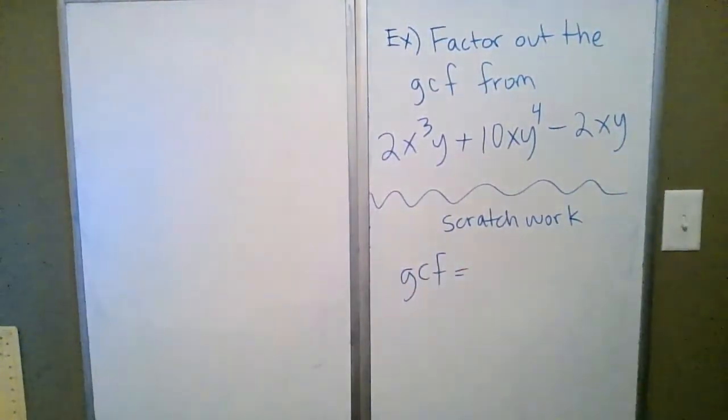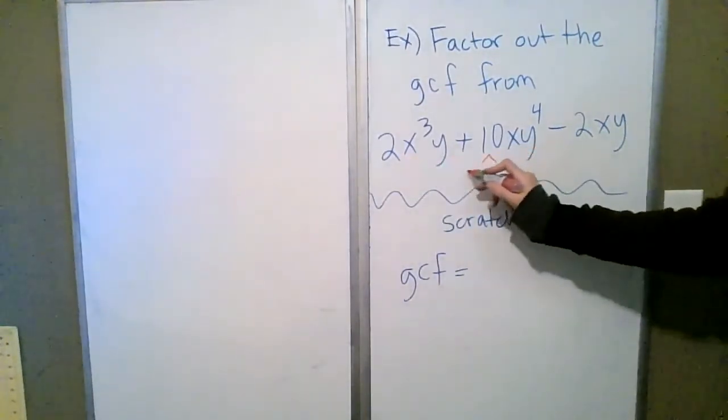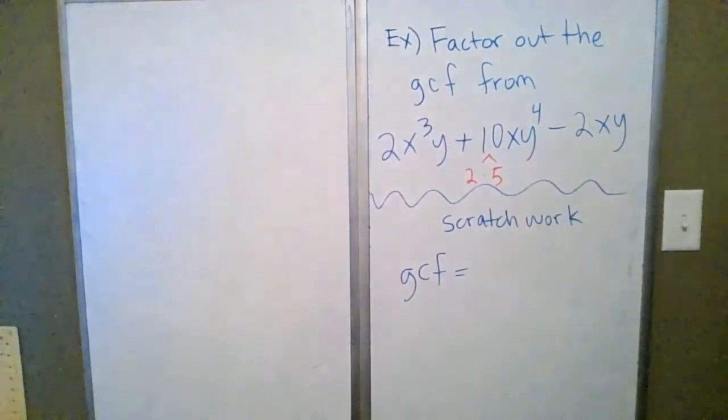Okay, start with the numbers and factoring them. There's 2, which is 2. 10 would be 2 times 5. And then there's another 2.